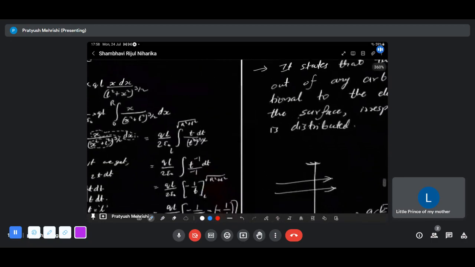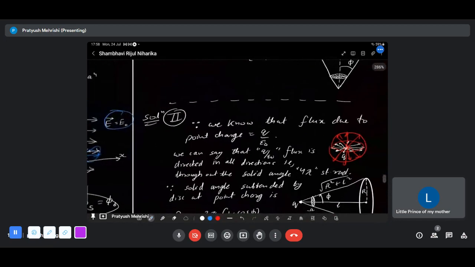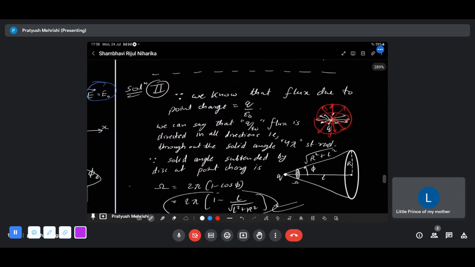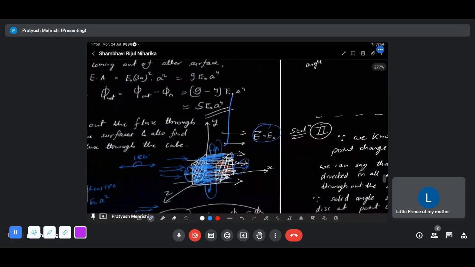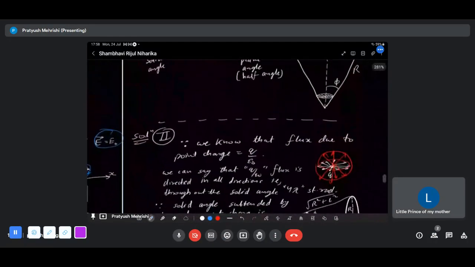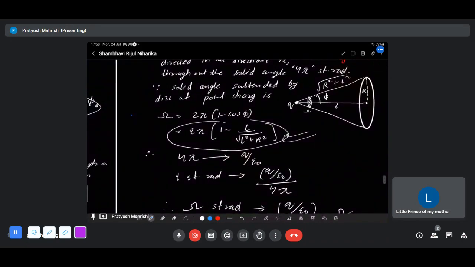At the center of a hollow sphere. Now there it was only a disk. Here it is a conical section. That conical section is obviously derived from a larger sphere.